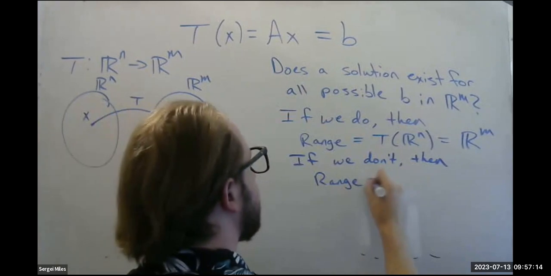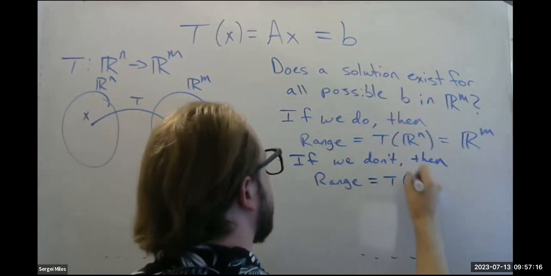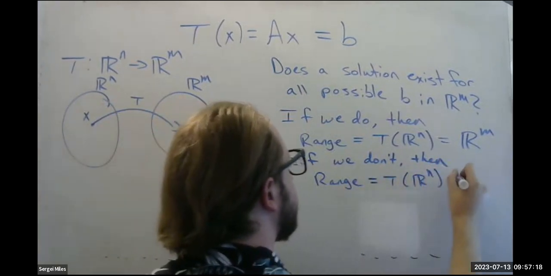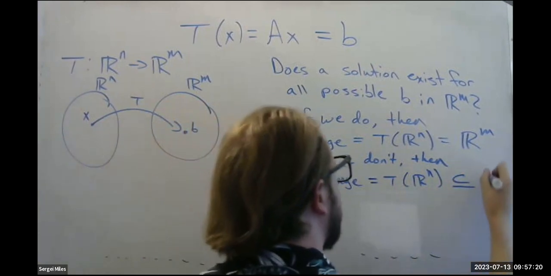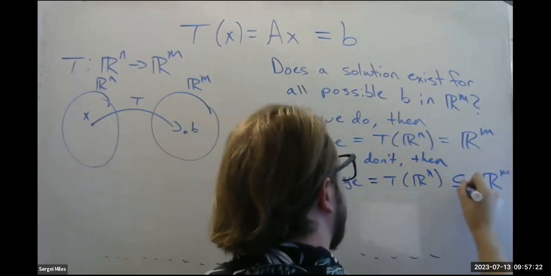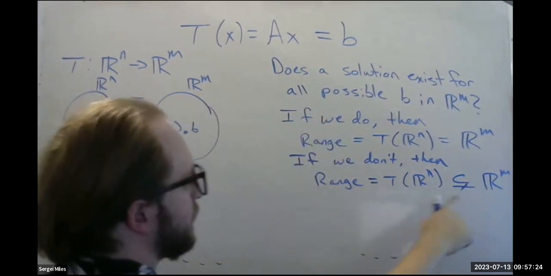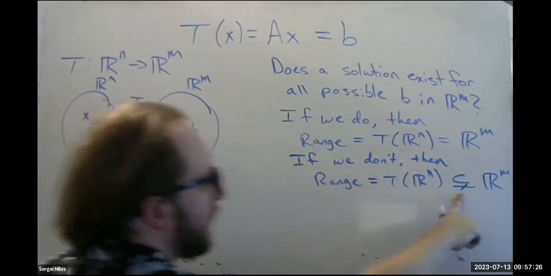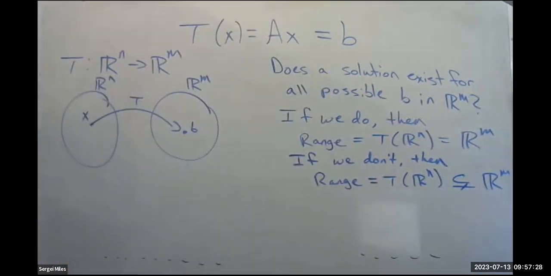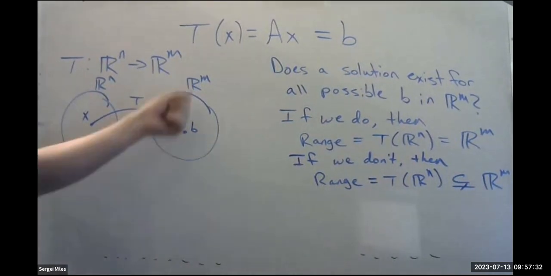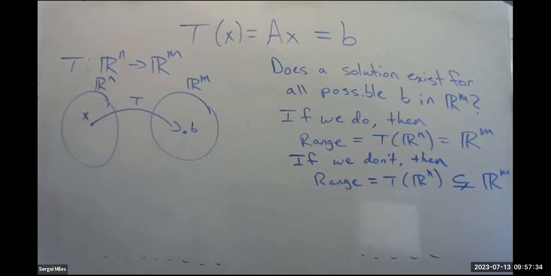So in that case, my range is instead just a subset and not equal. This is notation for a subset which is not equal.